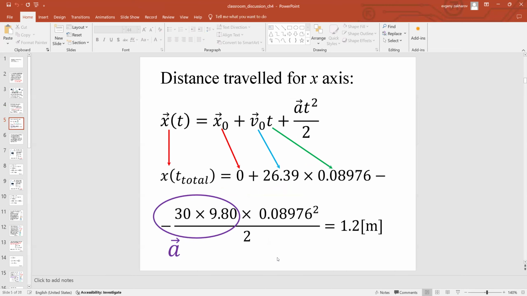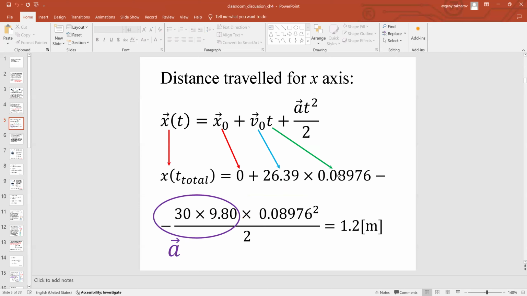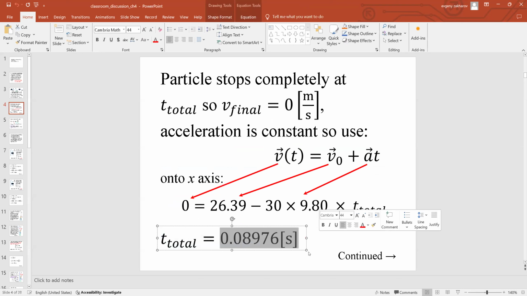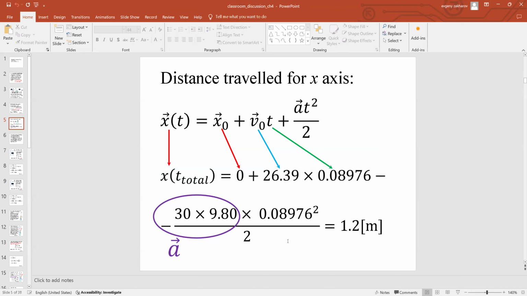And how much of a distance is traveled? Well, we don't know the distance, but we start from 0. Our initial velocity is positive 26. That's the initial velocity vector, positive 26 meters per second. Time is now known. We just figured out the time. Time is this much, and I keep more sig figs because it's intermediate calculations.